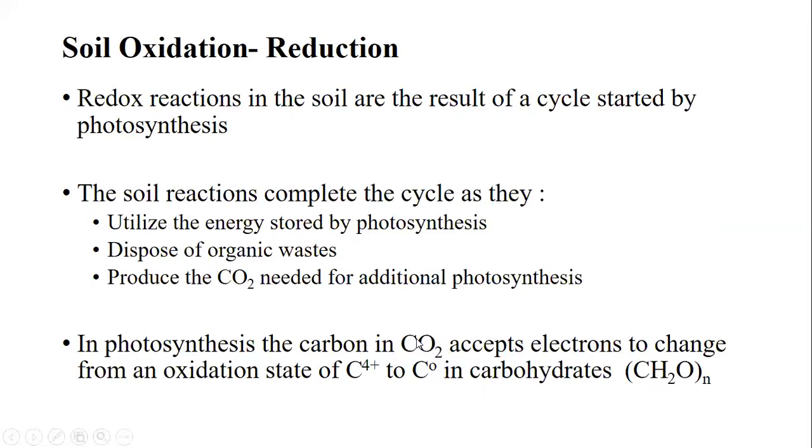So carbon in CO2, remember, oxygen is divalent, so 2 by 2 gives you 4 negative charges. So carbon is 4 positive charges. So C4+ is carbon in CO2. When it becomes part of organic compounds, it has a valence of 0. This is very important to remember. Carbon in carbohydrates and other organic compounds has a valence of 0. In CO2, it has a valence of +4.